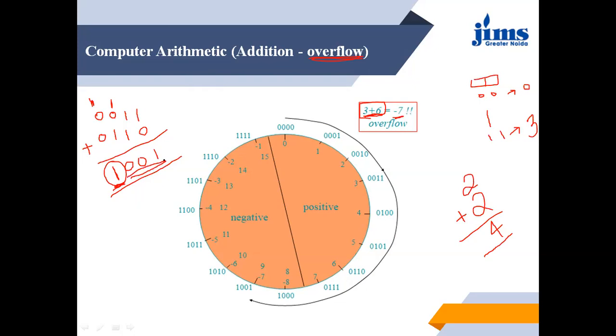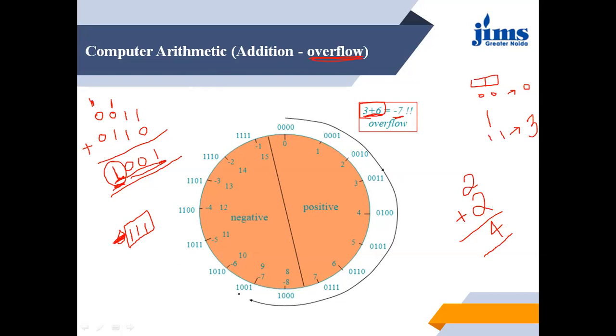So this is 1, 1, 1, 0, 0, which means this is equivalent to 7, but as the sign bit was 1, it represents that the number is negative, so it represents minus 7.